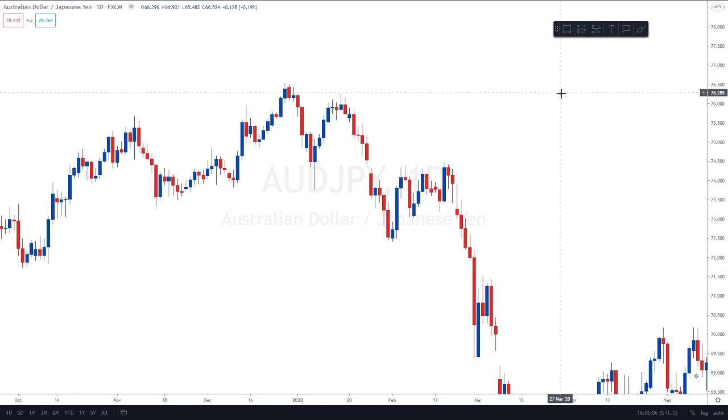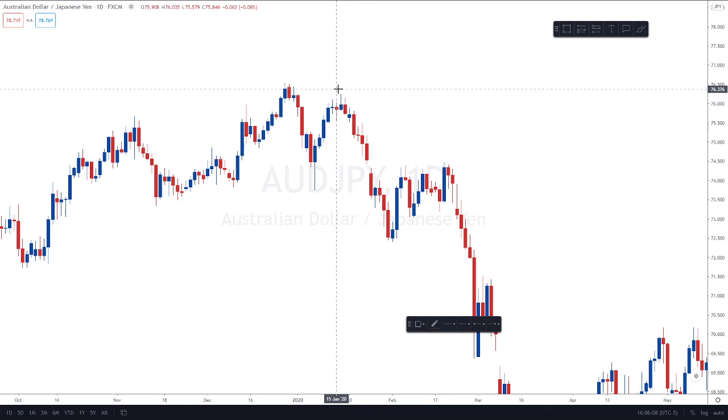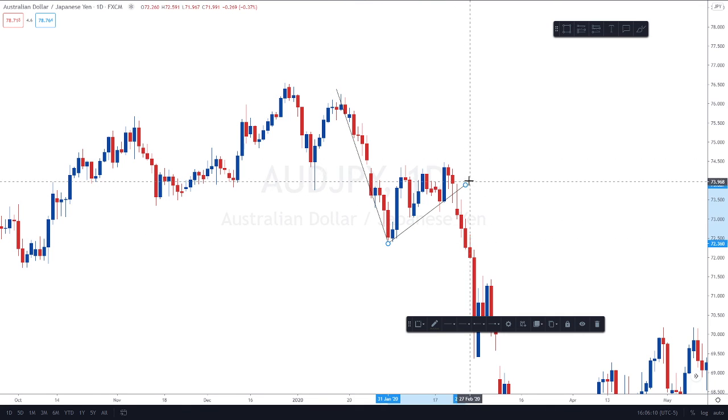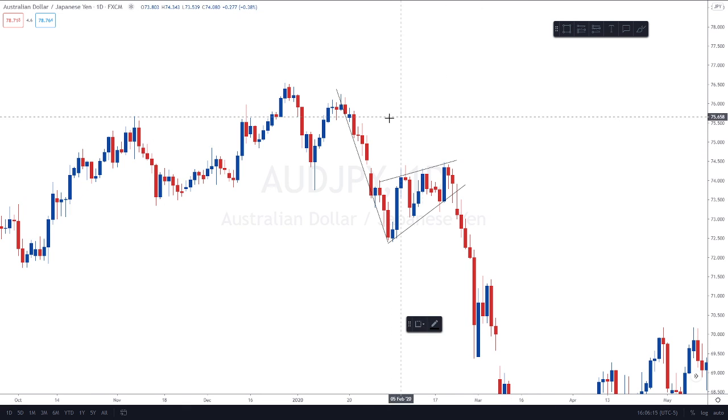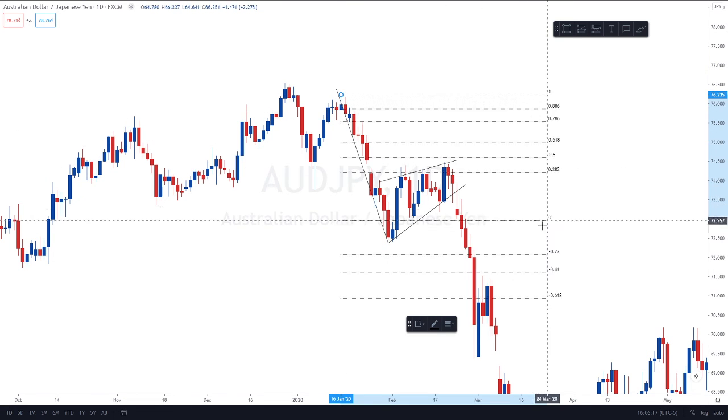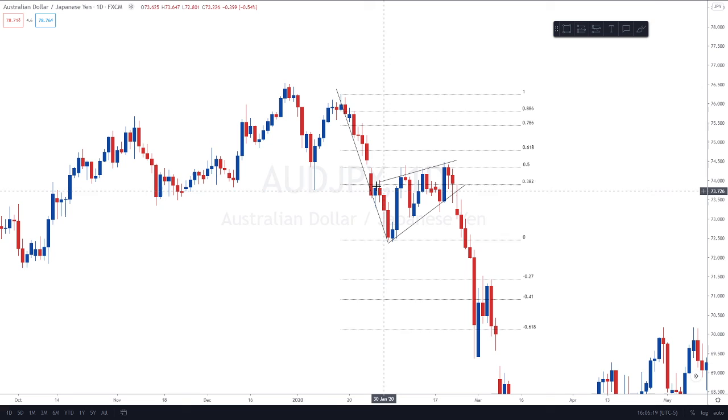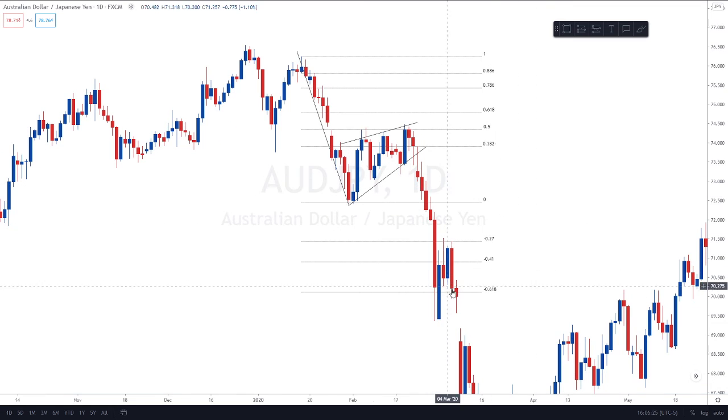Okay, so trend line, we have this impulse down, we have a pattern here, and we're looking to see if this retraces to a Fibonacci level, just as a little confirmation to see how this works. You can see price came down, gave us this pennant, came to the 50 Fibonacci level, and played out all the way to the 61.8 take profit level. Okay, so that's how you draw it, that's how you use the Fibonacci.